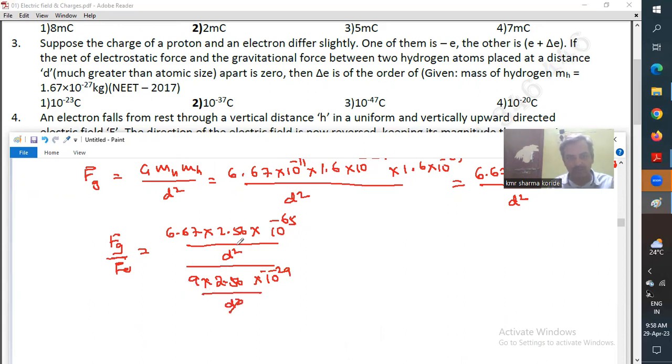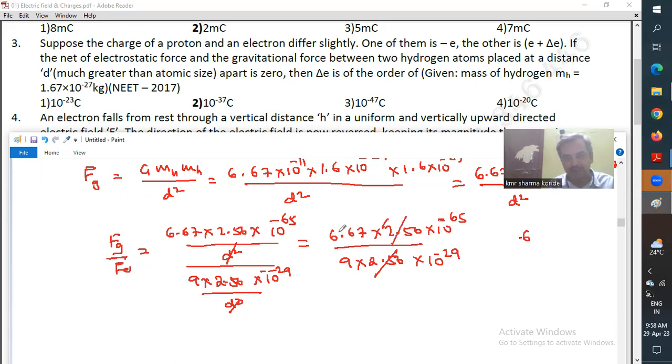So the 2.56 and d square get cancelled. Now -65: 6.67 with 2.56 into 10 to the power of -65 divided by 9 into 2.56 with 10 to the power of -29, so this gets cancelled.